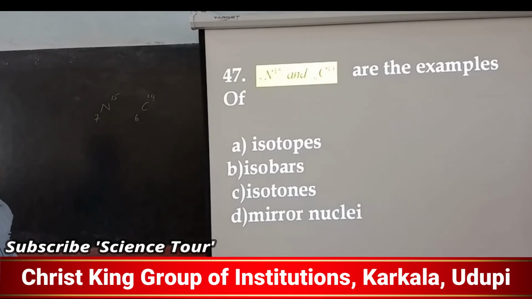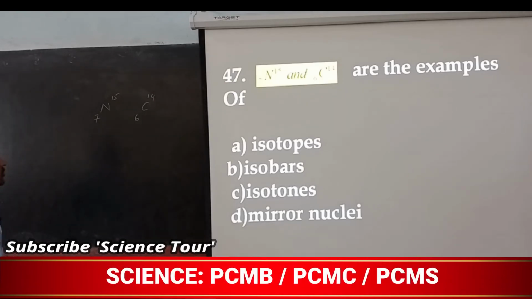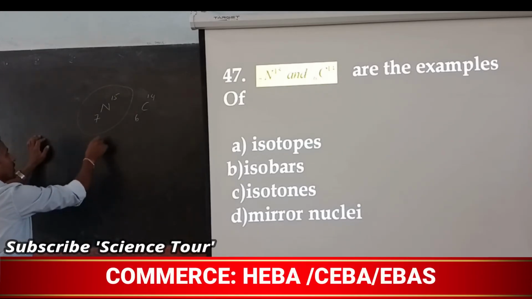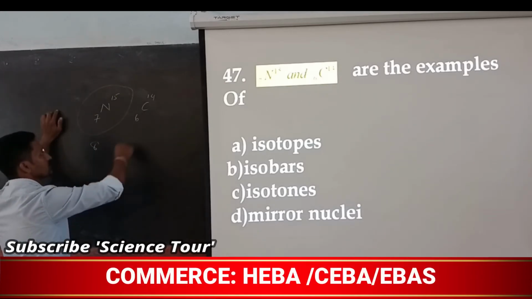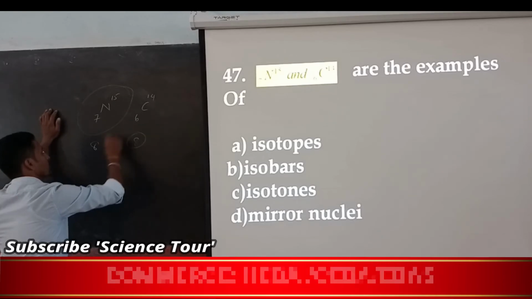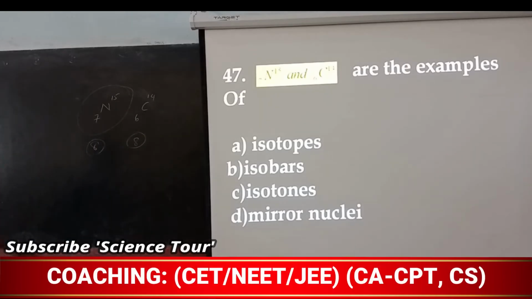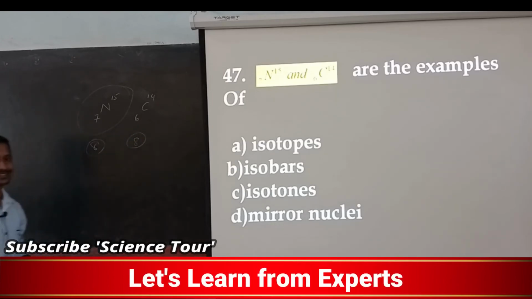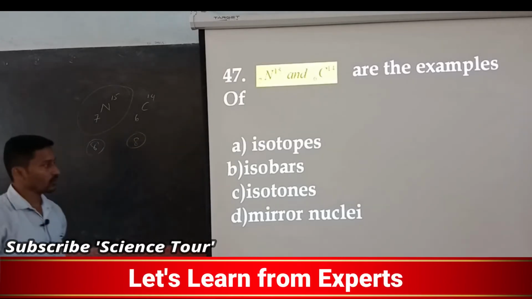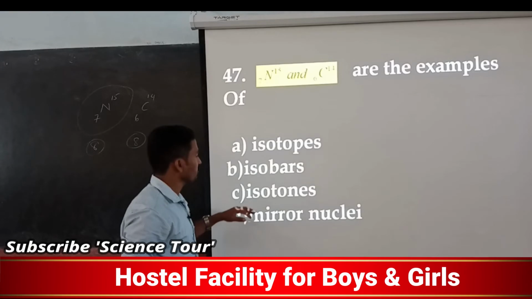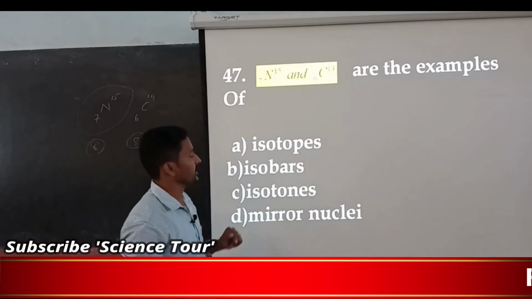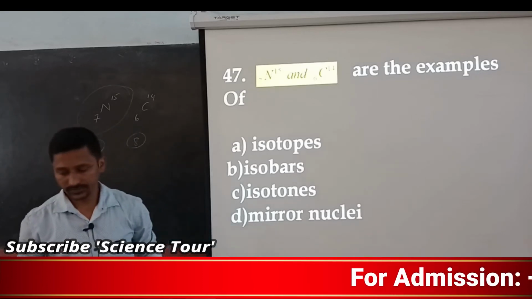You calculate and find out. So 8 you are going to get here, and here also 8. That is 15 minus 7, 8 neutrons, and 14 minus 6, 8 neutrons. So which has the same number of neutrons, so we can say these are isotones.